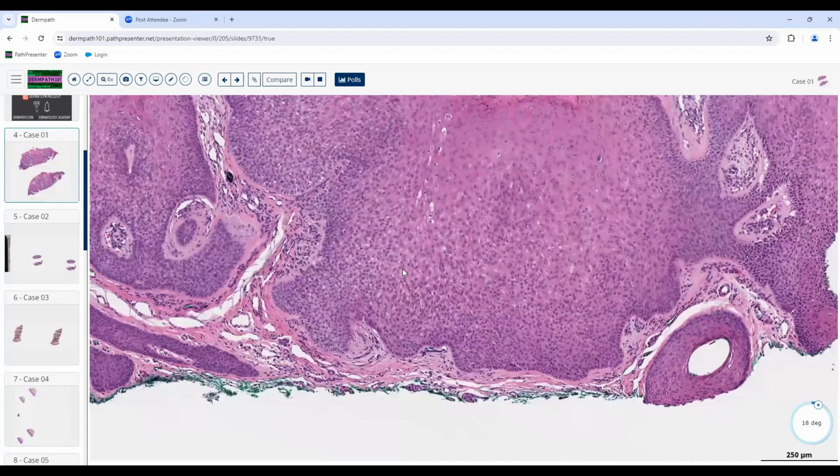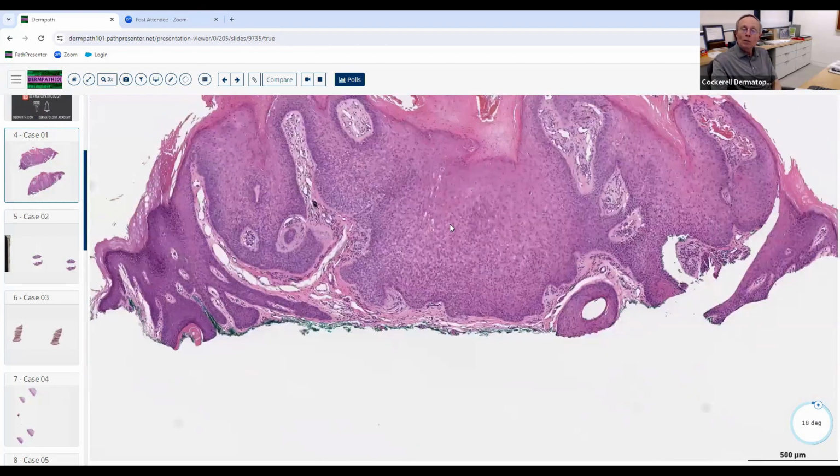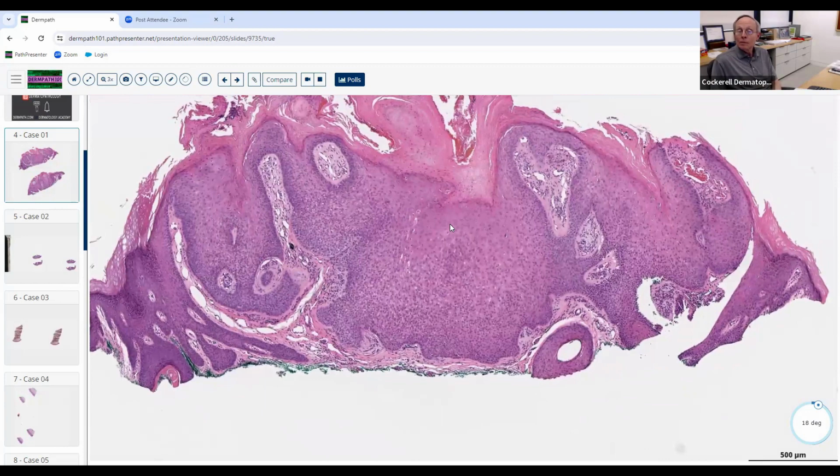It could be the outer root sheath. Good, excellent. It's the outer root sheath. So basically, where does the outer root sheath live? That's a great question. I may get this wrong, is it in the isthmus? It's actually just beneath the isthmus. The isthmus is where the stem cells live, if you will.